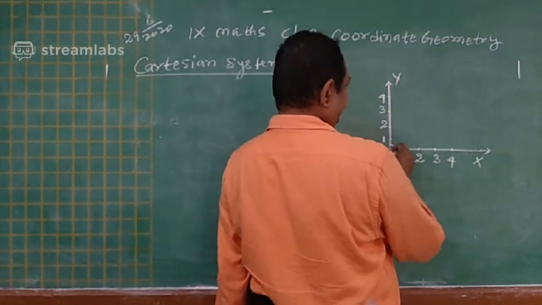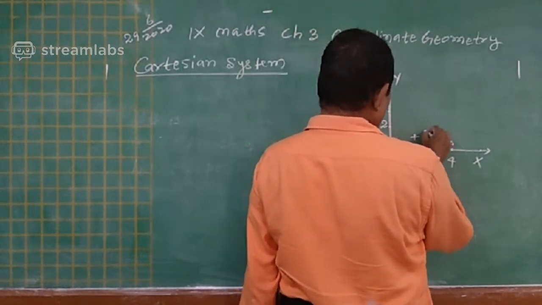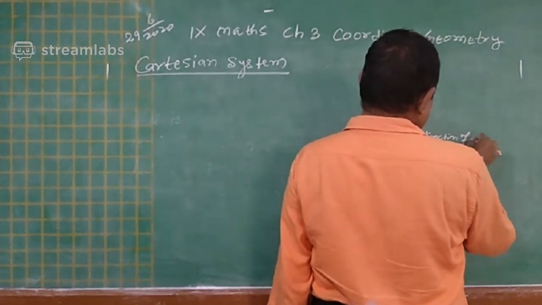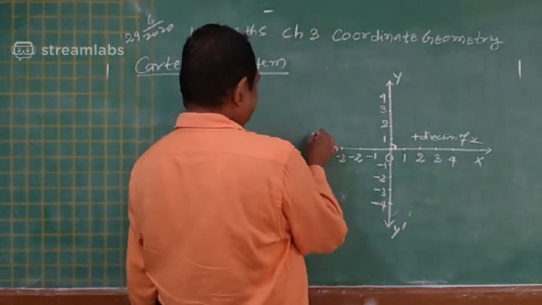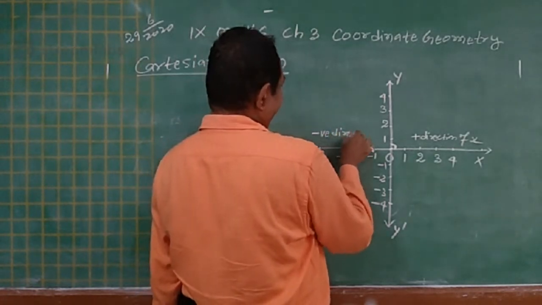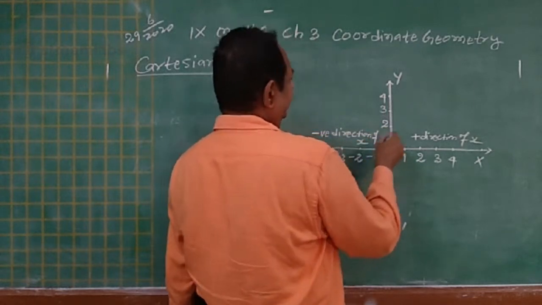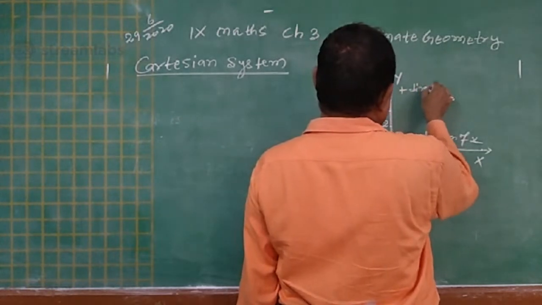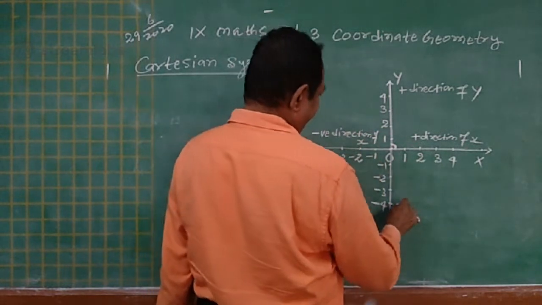Right of origin O is the positive direction of x, and left of O is the negative direction of x. Similarly, this is the positive direction of y, and this is the negative direction of y.